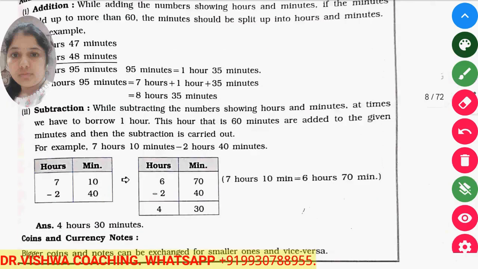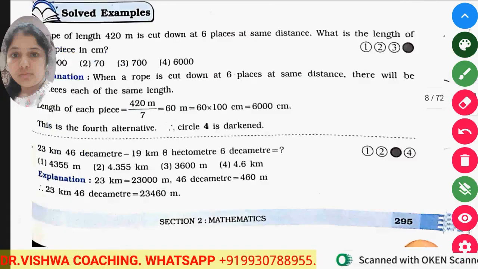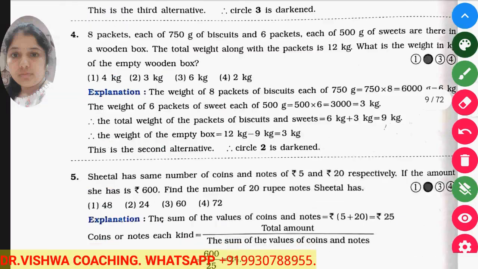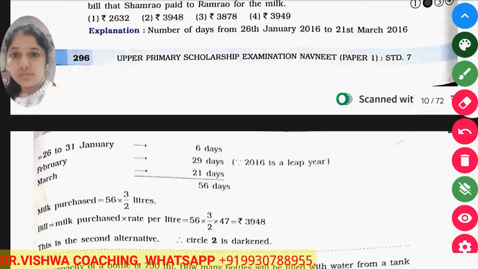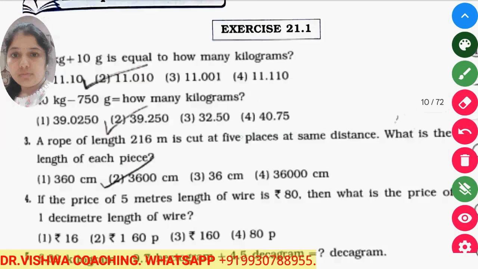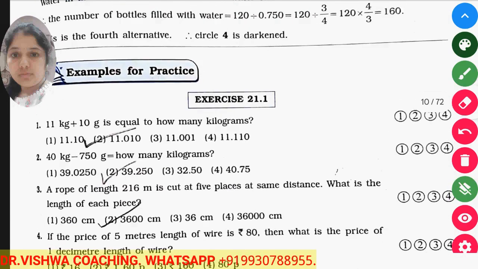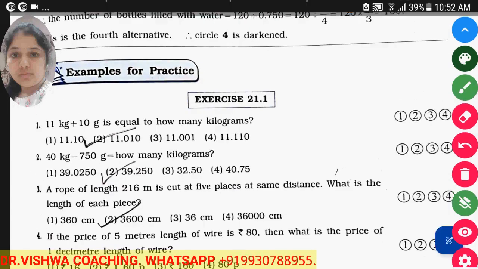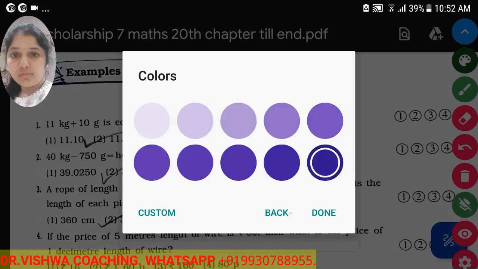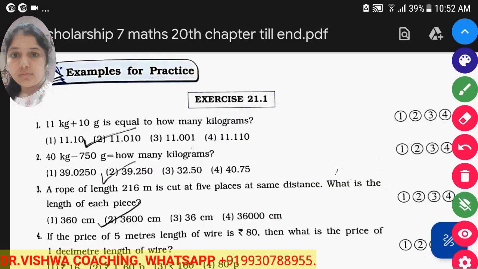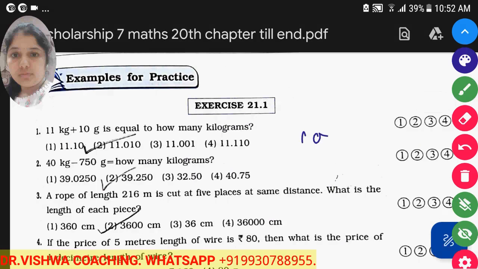Okay, now we will directly go to the practice exercise so that we can easily understand the concept. Now in practice exercise 12.1, the very first question is 1 kg plus 10 gram is equal to how many kilograms? Now see, 1 kg is equal to 1,000 gram and you have to add 10 gram to it.